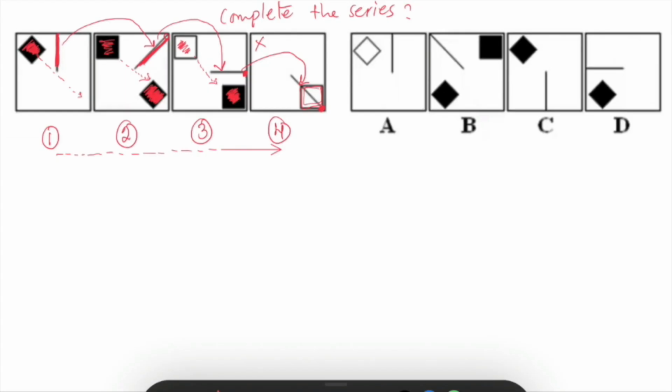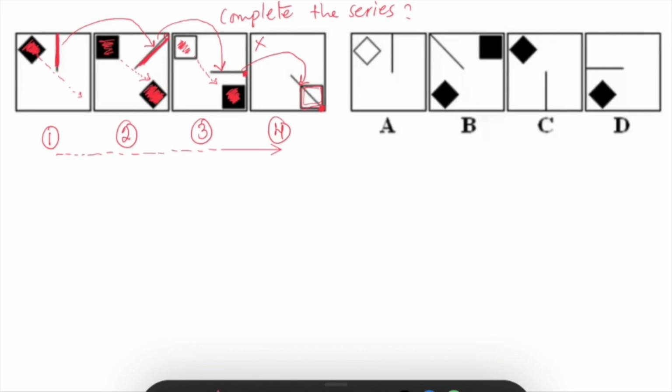So I can logically depend on the movement of the line, the clockwise movement of the line, rather than the changes happening in the squares, because the changes in the squares lost their line of reasoning or their sequence in the fourth pattern.